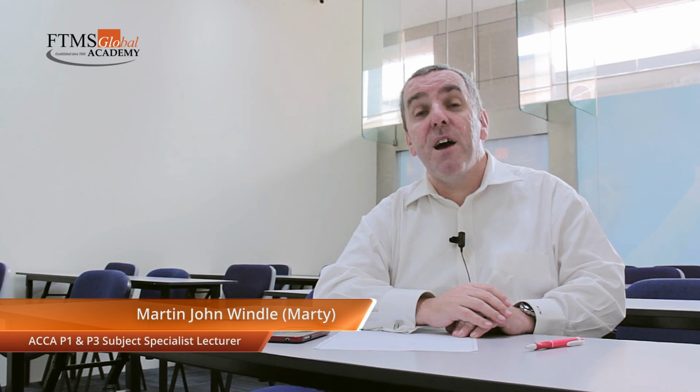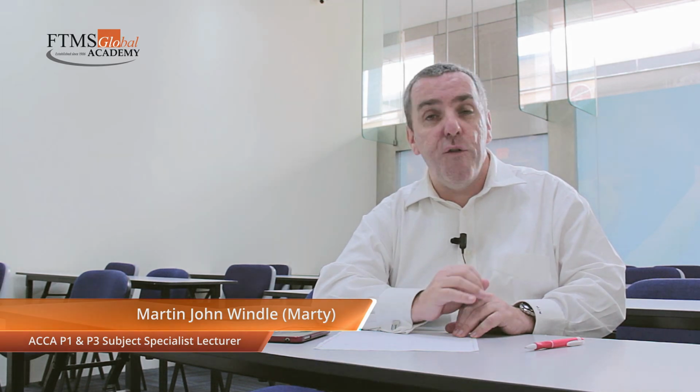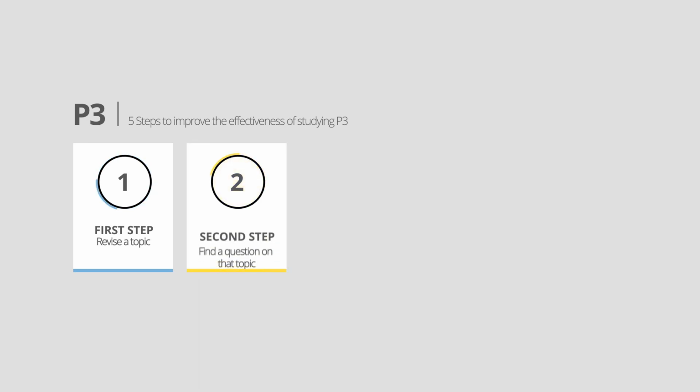Those 5 steps are essential for being effectively prepared. So let me review them again. First of all, step 1, revise the basics, revise your core topic from your BPP manual or from a Kaplan manual or from any manual, or from lecture notes. Step 2, select a question on that topic.